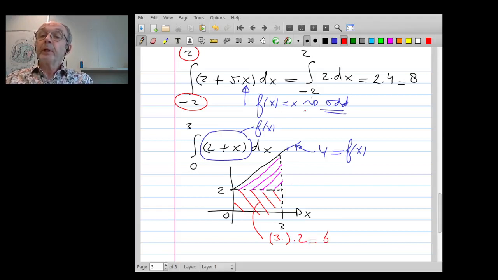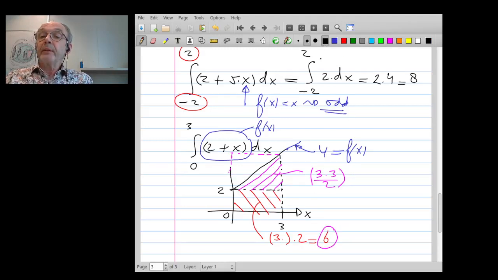And here, this rectangle here, or not, that's a triangle, but it is the half of a rectangle. You get 3 times 3 divided by 2, and you have just the half of a square. Then you can add those values together, and you get your integral.